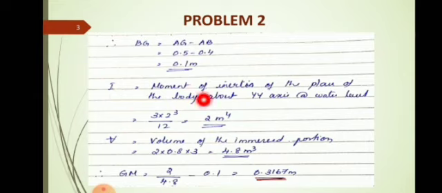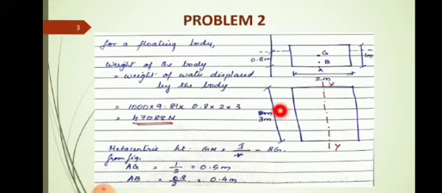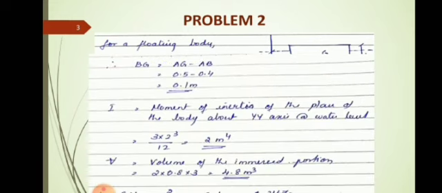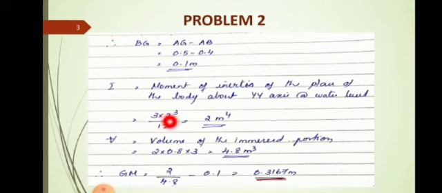And I is the moment of inertia of the plan of the body about the y-y axis at the water level. Again, here also we have drawn the plan, and this is the y-y axis. So about y-y axis you have to take the moment of inertia. So b dimension is the dimension that is coming parallel to the y-y axis. So this 3 meter is the b value. So 3 into 2 cube by 12.